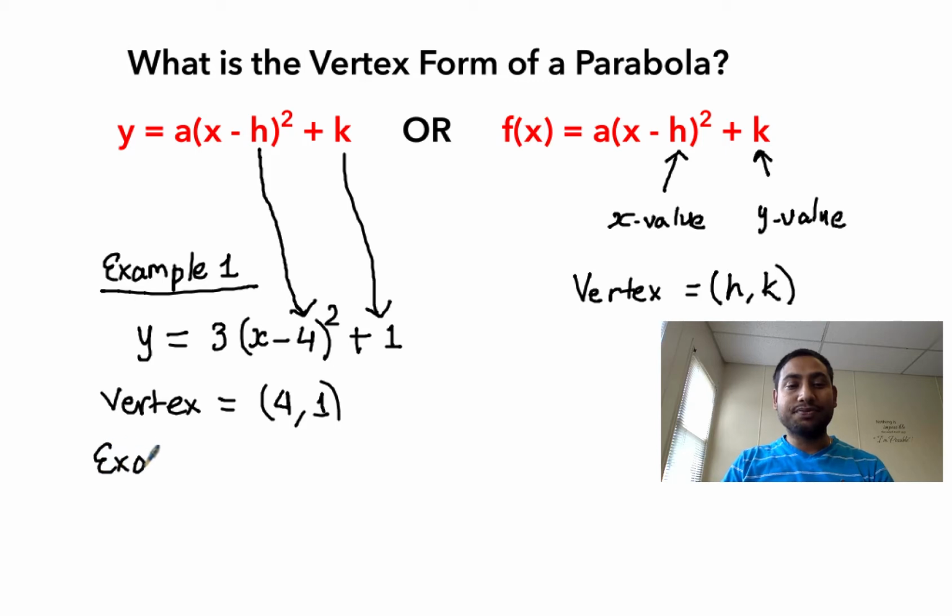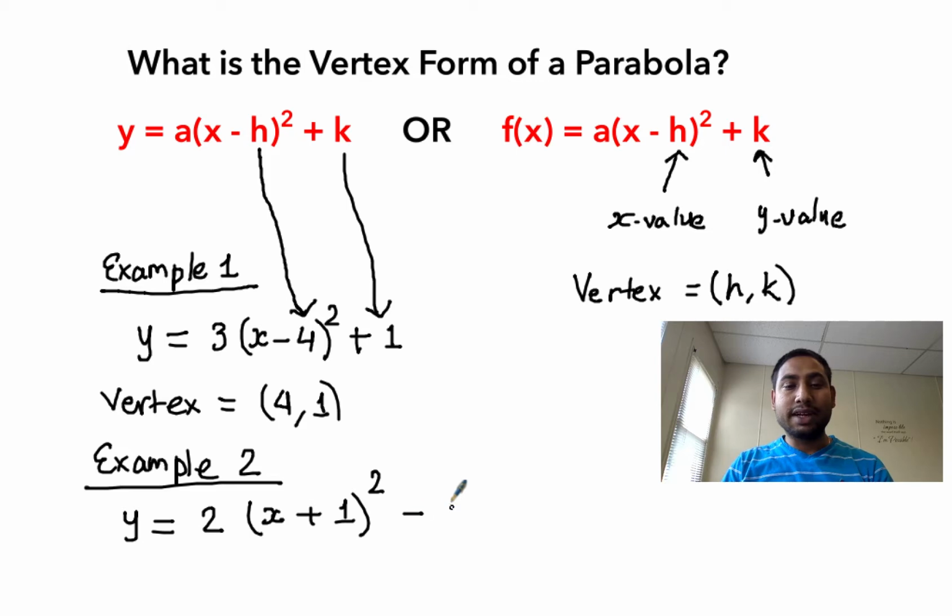Let's look at another example. Say the equation of a parabola is y equals 2 times (x plus 1) squared minus 3. Now this one is not exactly like a times (x minus h) squared plus k because we got a plus sign here. But you can rewrite this as 2 times (x minus a negative 1) squared plus a negative 3.